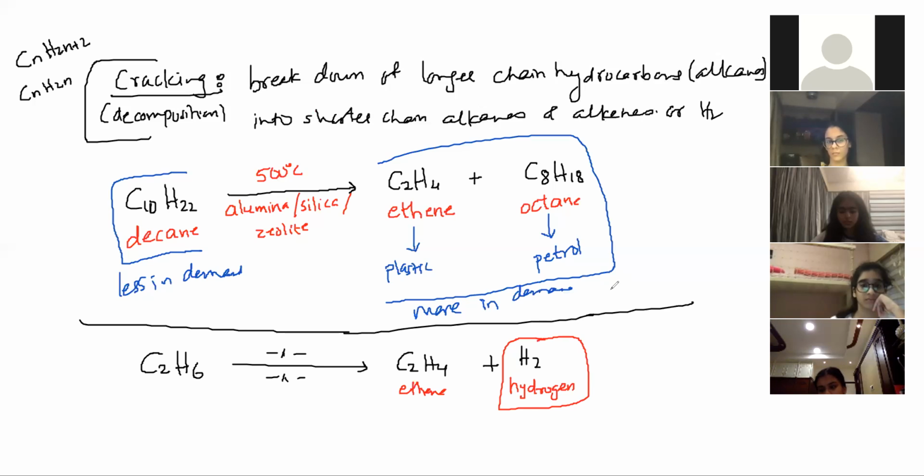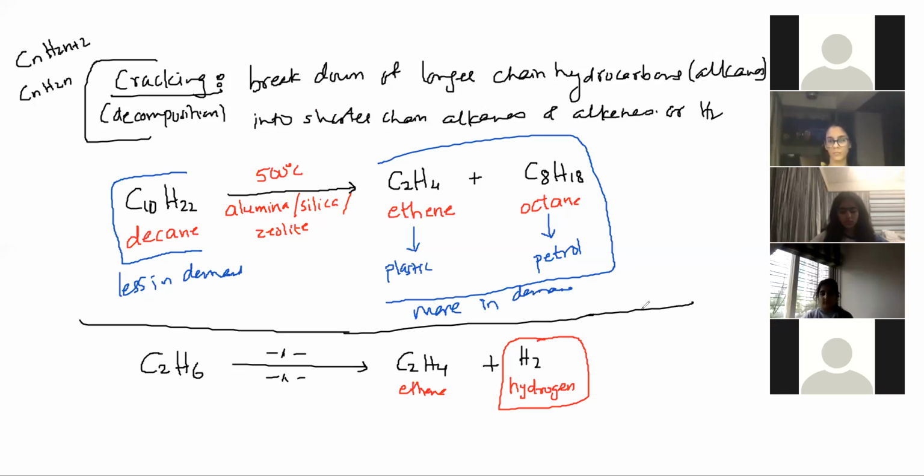You don't remember? We did the Haber process, right? In the Haber process there were three sources of hydrogen. One is electrolysis of water or brine. Second is steam reforming of natural gas, and third was this cracking of alkane. I must have told you at that time that we'll see cracking in detail later in grade 10. So ethane, when cracked, will give you hydrogen, which can be used in making ammonia in the Haber process.